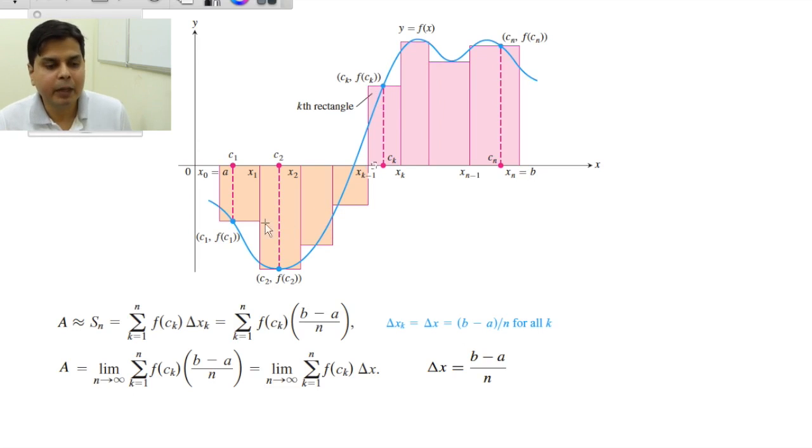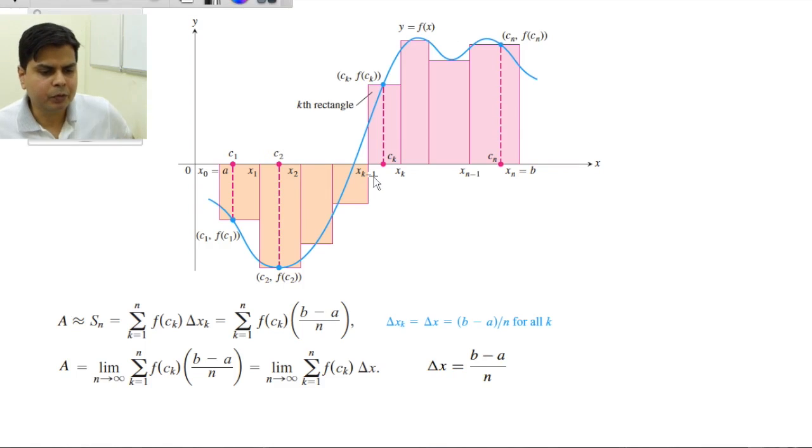In that case, the error which I am getting right now will be very, very small, and under the limiting process, that is, limit n tends to infinity, this sum Sn will be equal to the exact area A. So this is my proposition. I will prove this right now, but I am giving you just a visual prelude, a visual explanation of why it should happen in the first place.